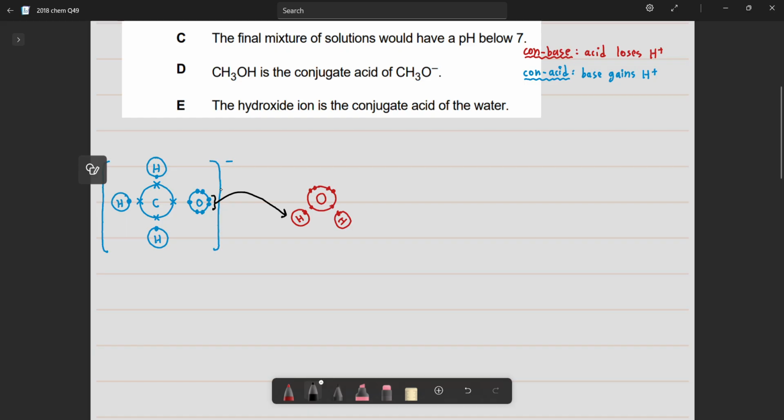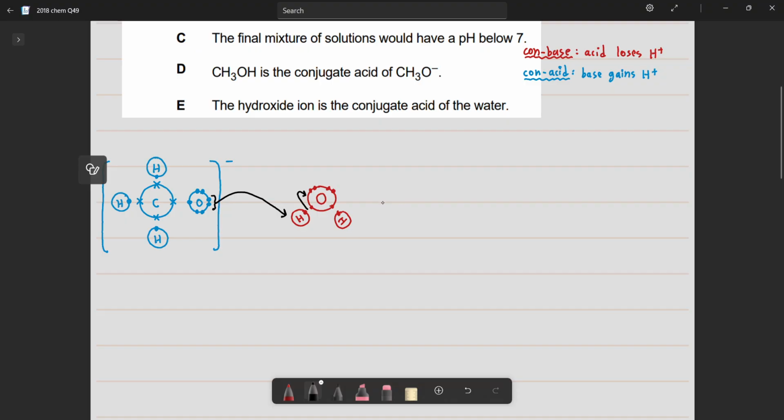So it transfers its pair of electrons to form a bond with this hydrogen in the water molecule. This hydrogen gives up the electrons involved in bonding between this hydrogen and the oxygen in the water molecule, completely to the oxygen.